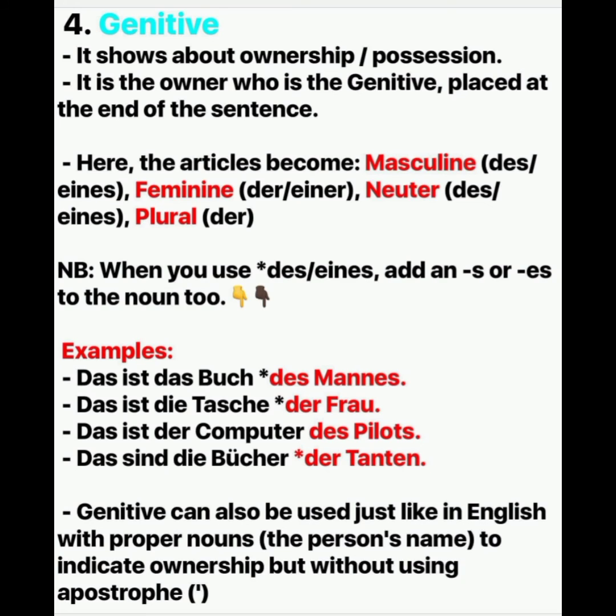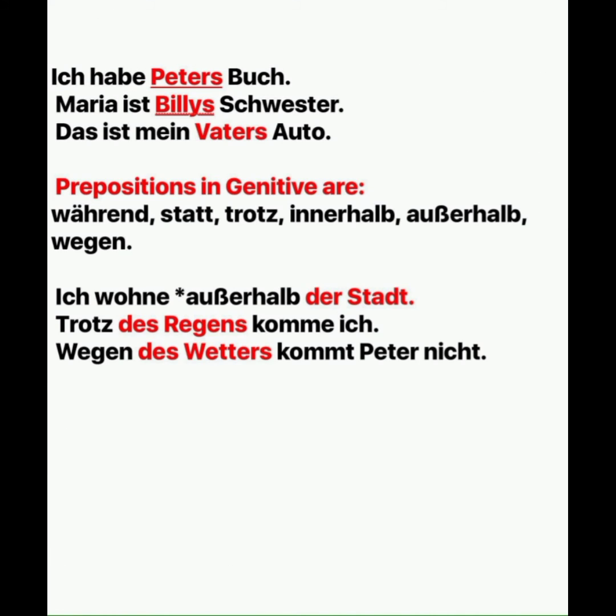So genitive can also be used just like in English with proper nouns, using the person's name to indicate ownership, but without using an apostrophe. In English, we normally use the person's name with an apostrophe, like Fred's book or Teresa's car. In German also, we can use the person's name, simply adding an S without an apostrophe to show possession. Like, ich habe Peters Buch.